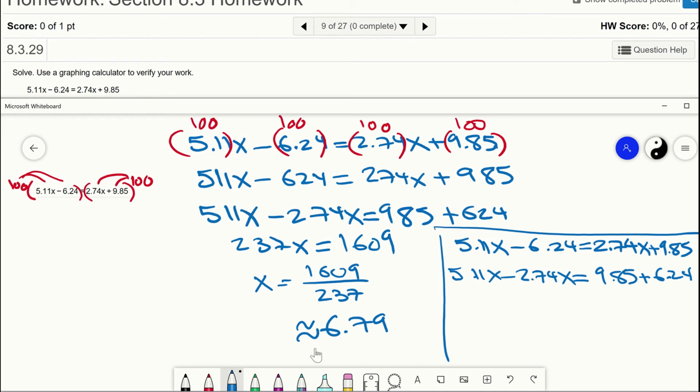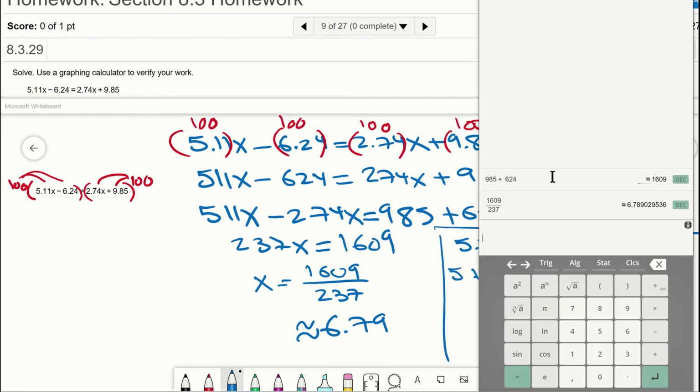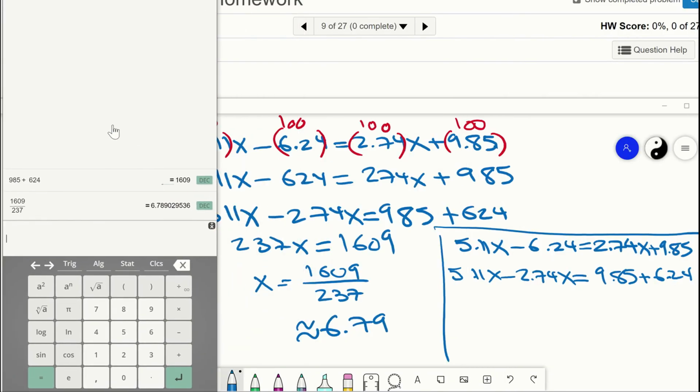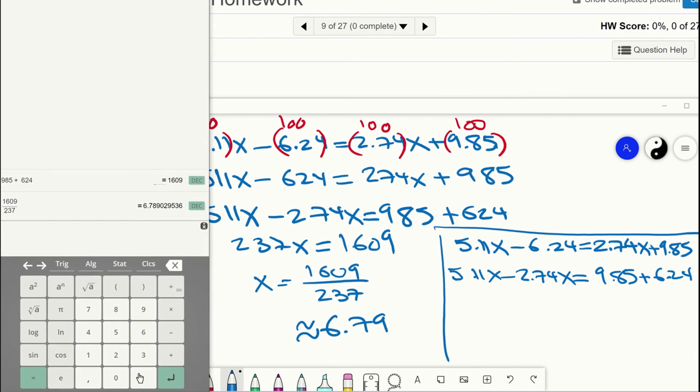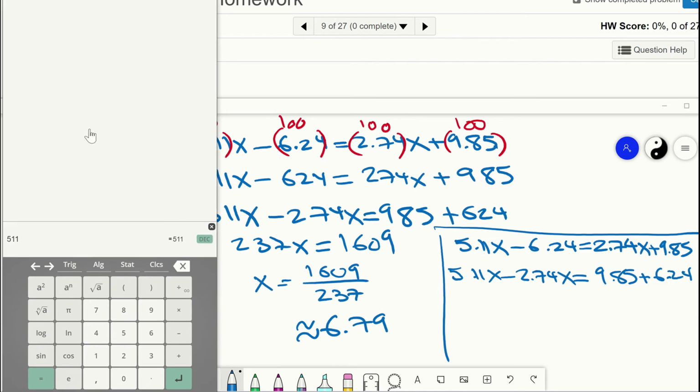So now we need to do 5.11. Let me move this to the other side now. So let's clear all this. All right, so now we're going to do 5.11 minus 2.74.